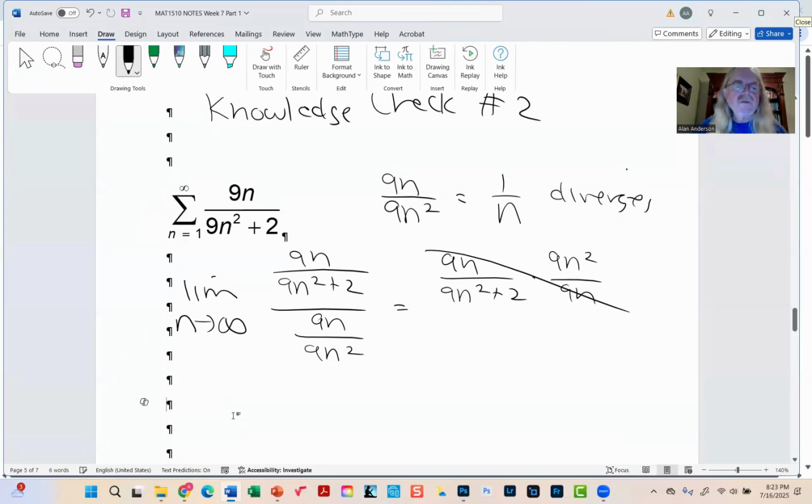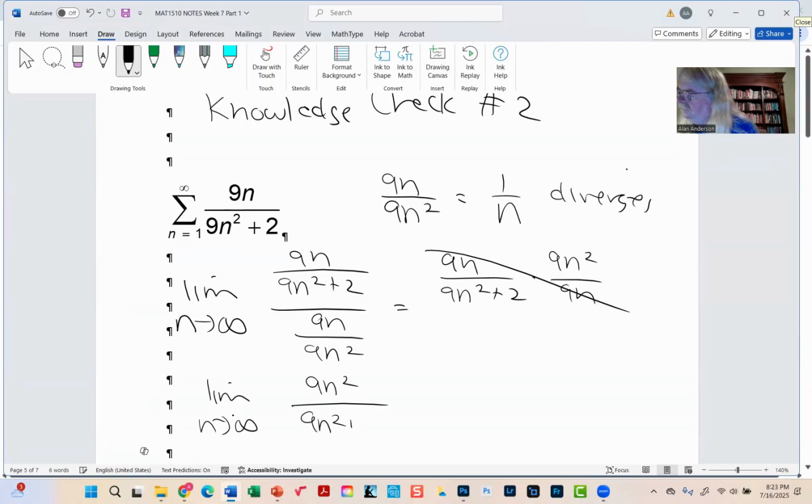All right, equals. Divide through everything by 9n squared.